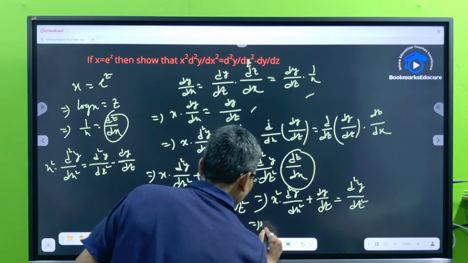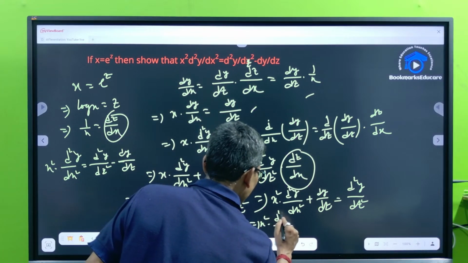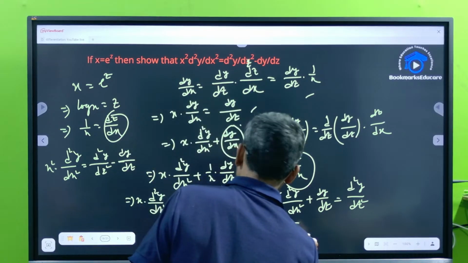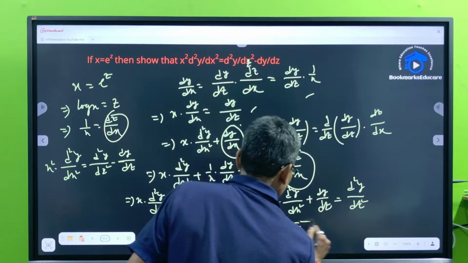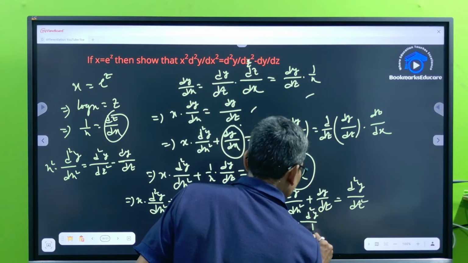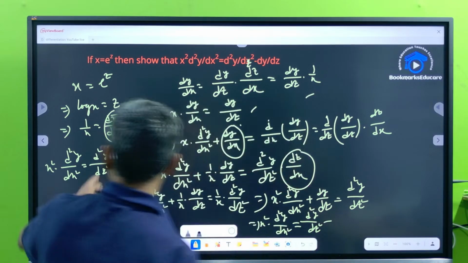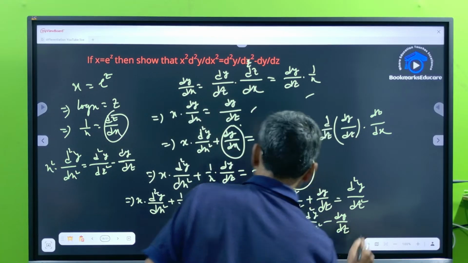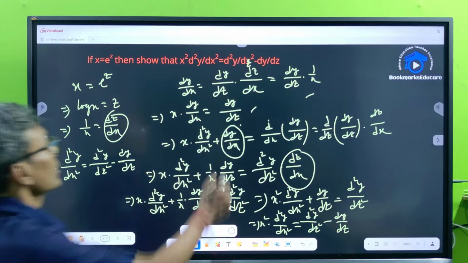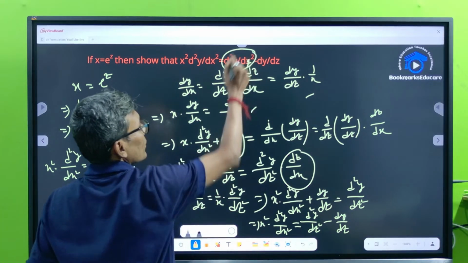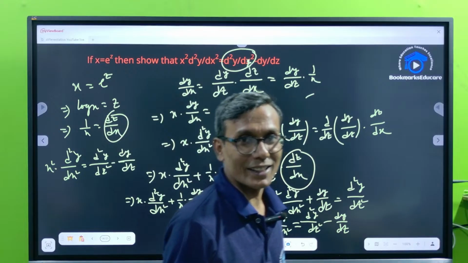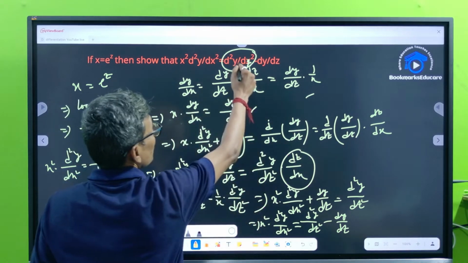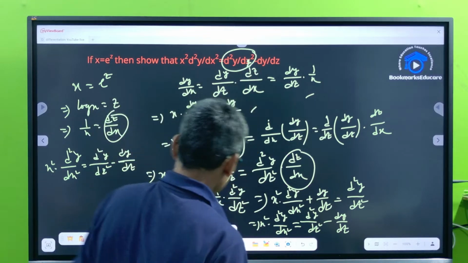So x square into d2y by dx2 is equal to d2y by dz2 minus dy by dz. Just forgetting a little bit here, see how much time it took. So we corrected it.